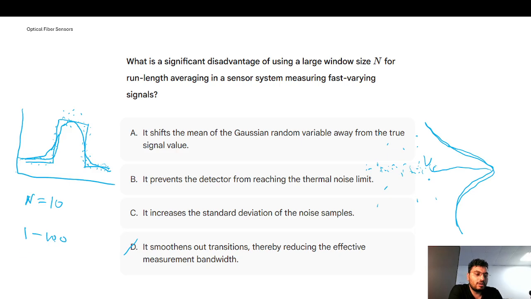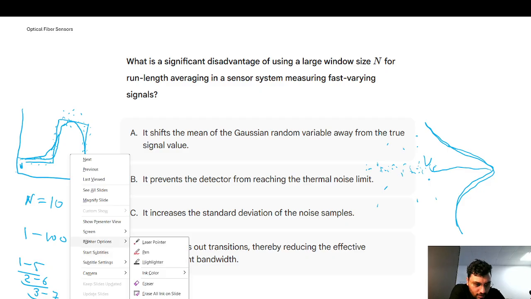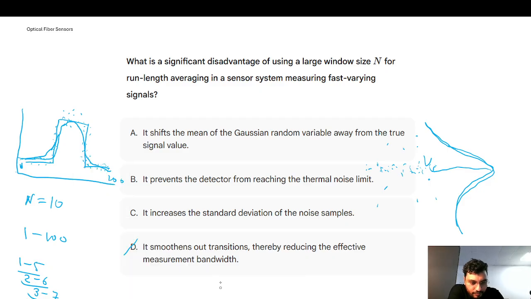Suppose you have 1 to 100 data points, it will be chopped into small chunks like 1 to 5, 2 to 6, 3 to 7, 4 to 8, and after averaging those we get the proper signal information, intensity or amplitude information, which will look like this.